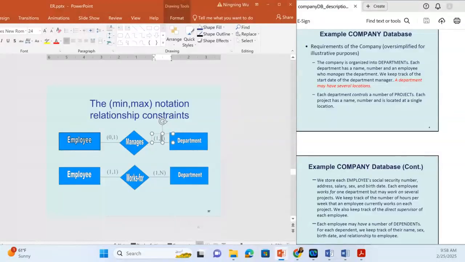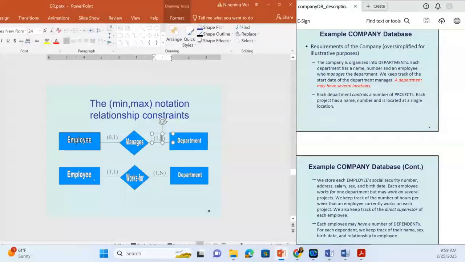Okay. Then for the employee who works for a department, on the employee side, the minimum is 1, maximum is 1. So that means an employee can participate at least one and only one time in this works for. If minimum and maximum are both 1, that indicates an employee must participate in this works for relationship and only participate one time.